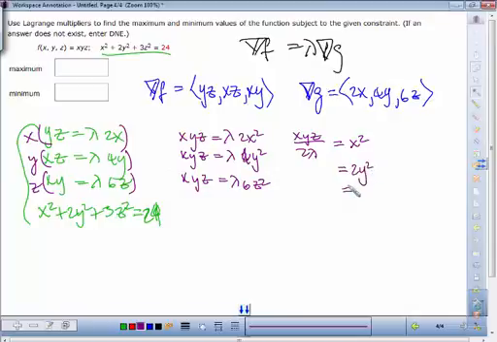And if I do that to the third one, it's going to be 3z squared. And these are all equal to the same thing, so I can set them all equal to each other, right? So I got x squared is equal to 2y squared is equal to 3z squared.